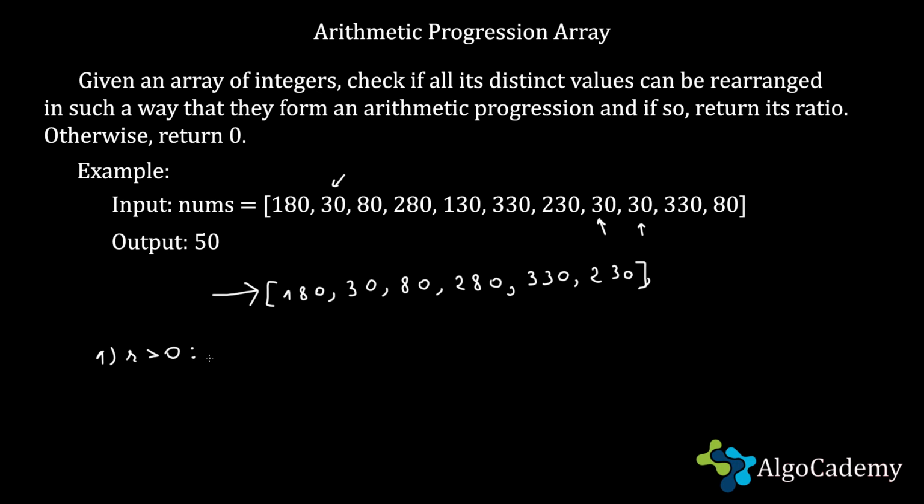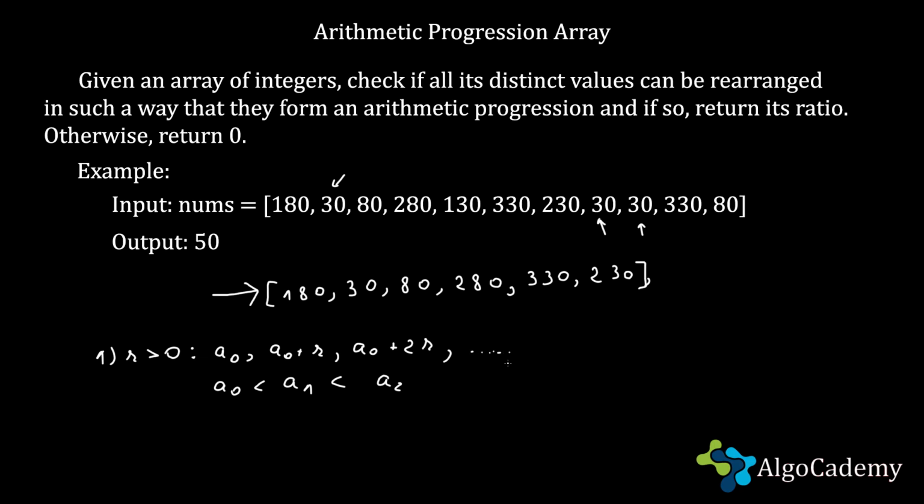If R is greater than 0, think about it. I have A0, then I have A0 plus R, right? Which is A1. So A0 plus R. And this R is positive, which means that A0 will be strictly less than A1. Perfect. Then I have A0 plus 2 times R. What does it mean? R is positive, so this one is definitely strictly less than the next one. So A1 is strictly less than A2.